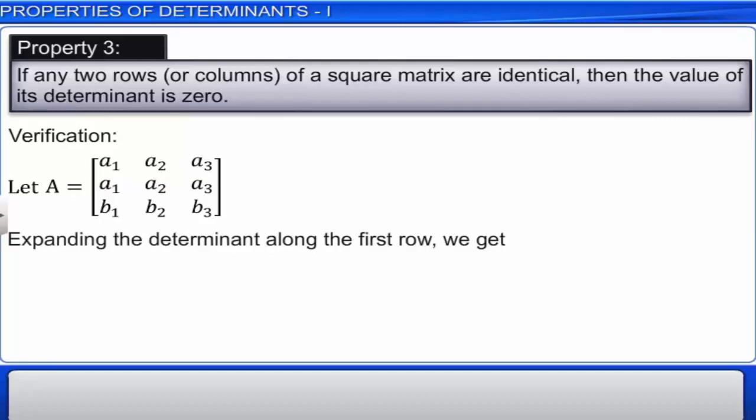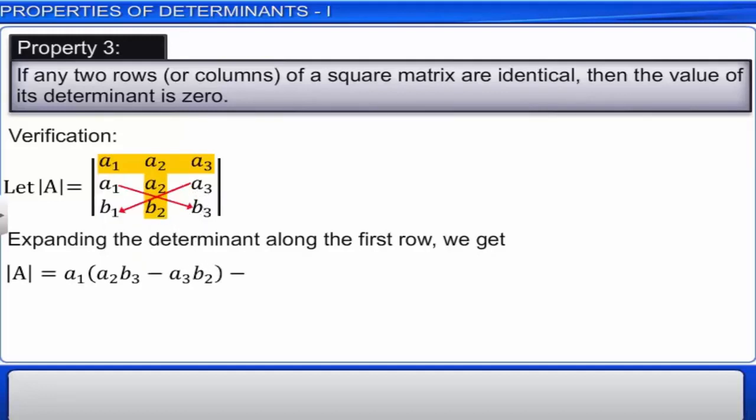Expanding the determinant of matrix A along the first row, we get A1 times of (A2 B3 minus A3 B2) minus A2 times of (A1 B3 minus A3 B1) plus A3 times of (A1 B2 minus A2 B1).